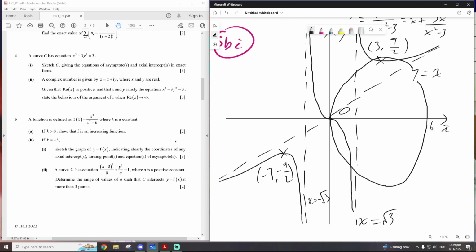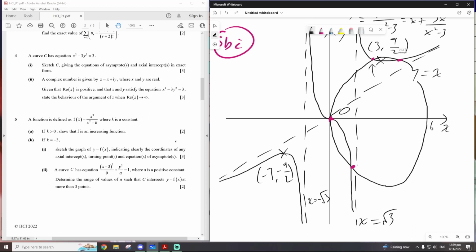Okay, so we can see here that there are 4 intersection points, let me mark them in red. We have the origin, we have this point, we have this point, and we have this point. And we notice that these 2 points will converge into a tangent if square root of a is equal to 9/2.